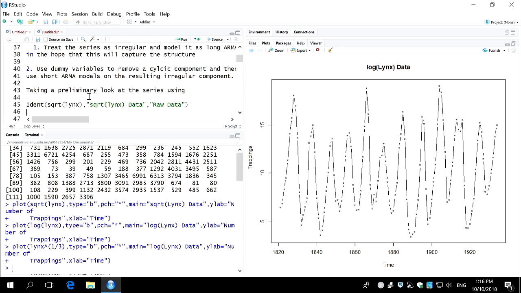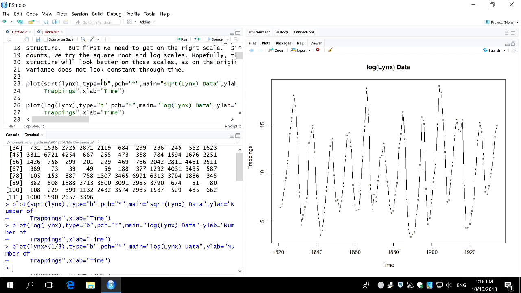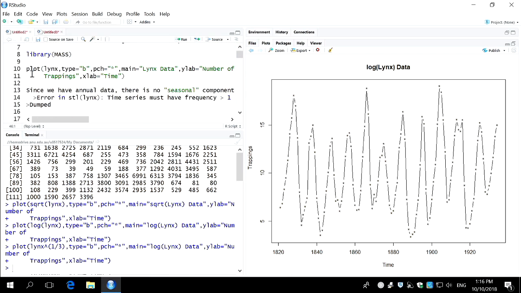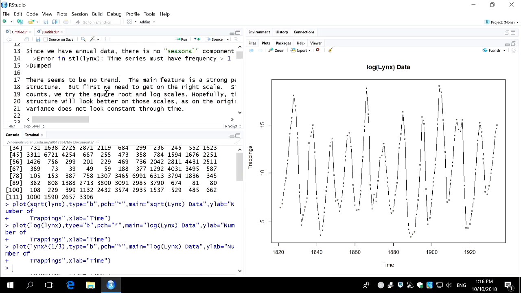Now, the other thing we need to think about is trend and seasonal. Now, I can't use STL. The reason I can't use STL is the frequency of the series is 1, and it'll just refuse to fit, right? You can try. If you try to use STL, I'll do it here, h equals stl of lengths.